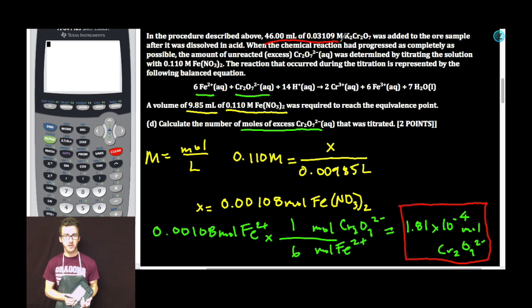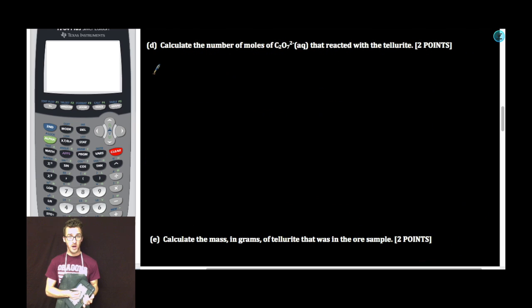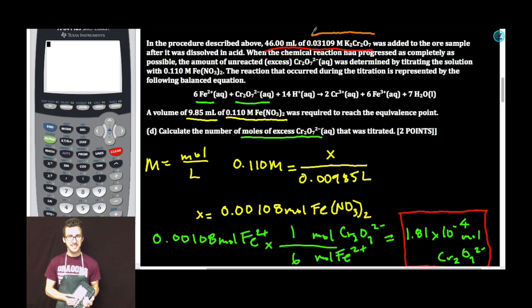total dichromate ion we added and subtract the number of excess moles of dichromate ion. So I am once again going to use my molarity equation. The concentration of my dichromate ion is the same as the concentration of my potassium dichromate because the ratio of dichromate ion to potassium dichromate is 1:1.